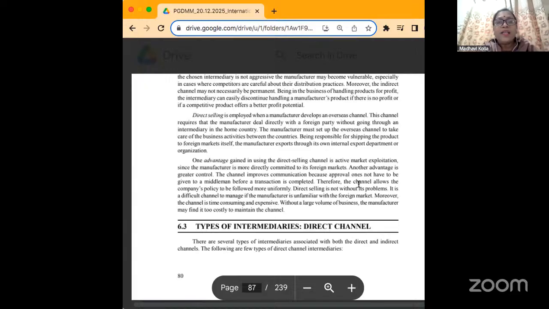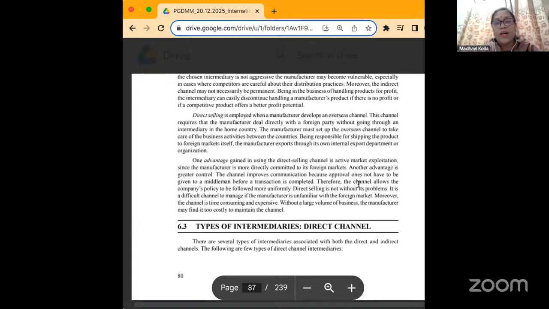So there are multiple considerations, and how much stake, who has how much stake. So all these have to be considered. So direct selling is a little more complicated than indirect selling in that very sense.